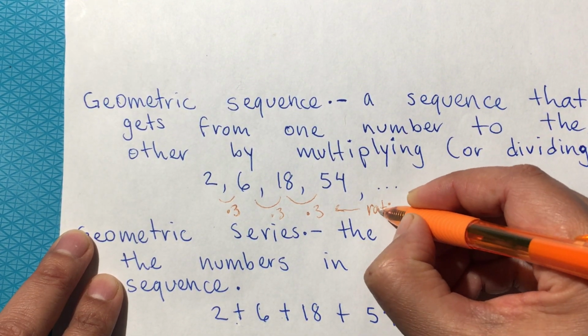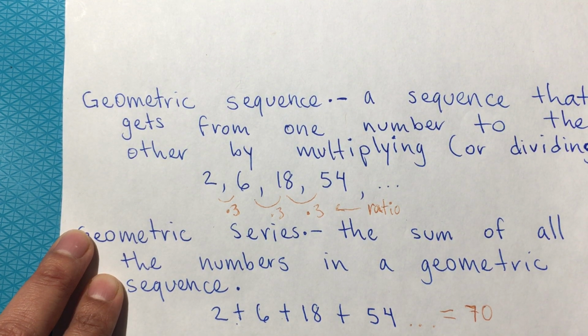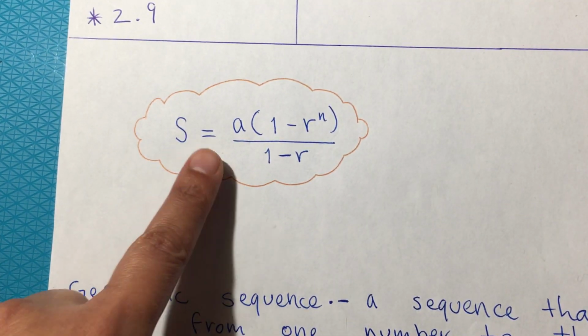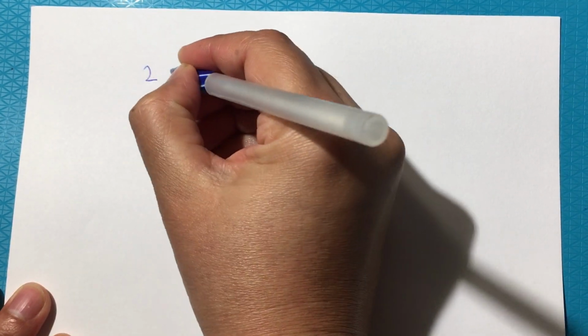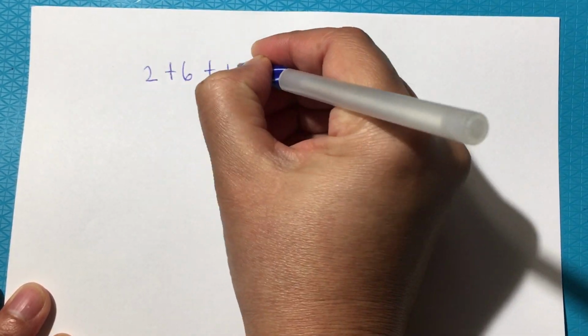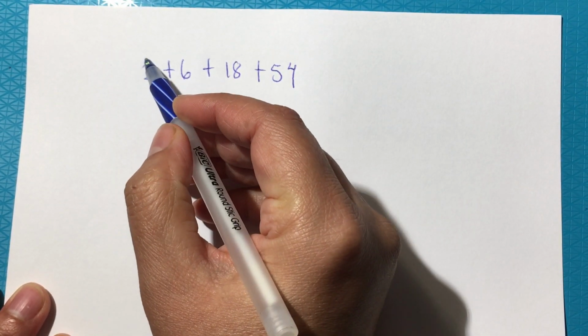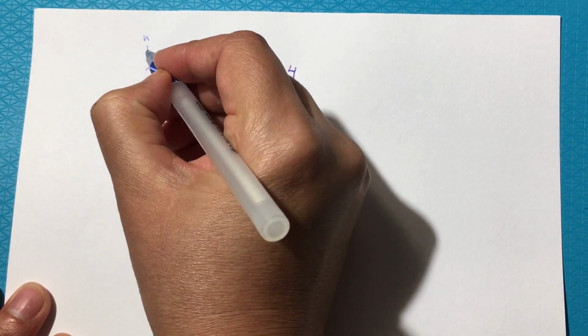Okay, in the past we have seen it as pattern or as base, but in here we're going to call it ratio. Okay, let's derive this formula. Where does it come from? And so we're going to use the same list that we were using right now, and you can use it with any list. Okay, for example, if we have 2 plus 6 plus 18 plus 54, well, this n will be 1.